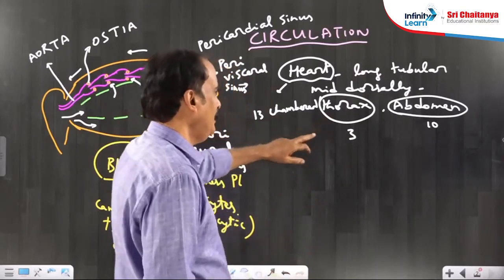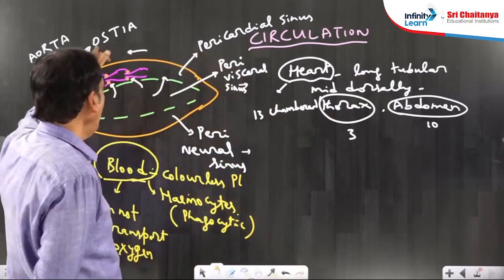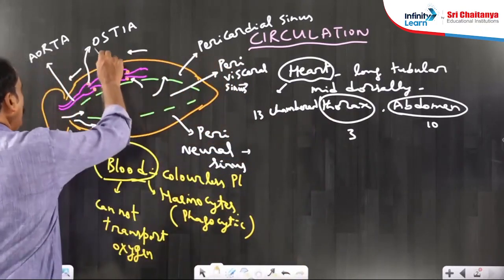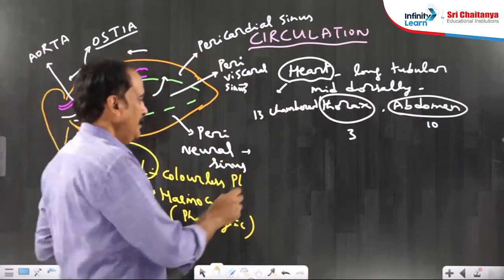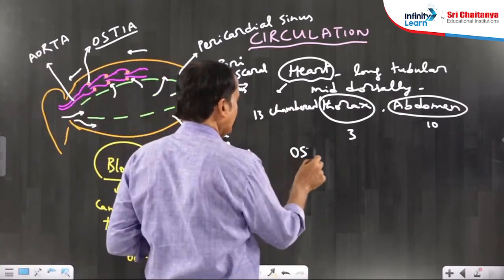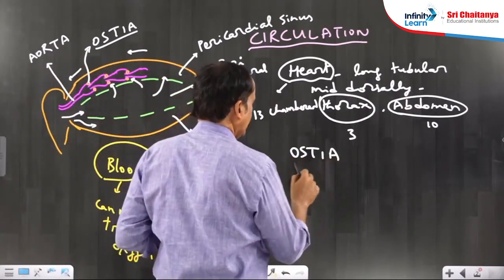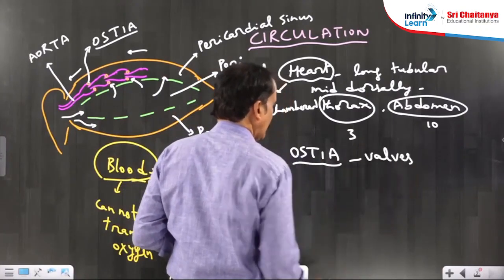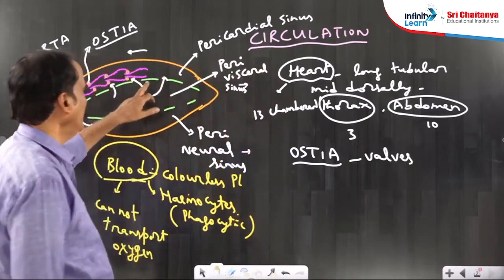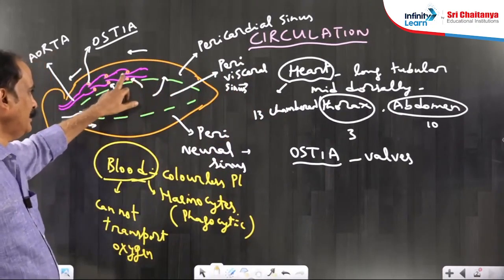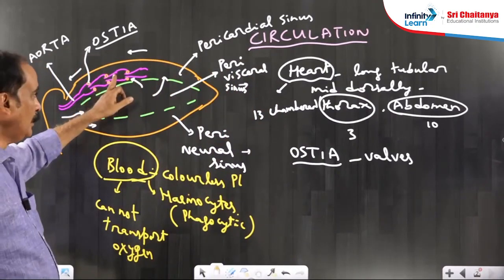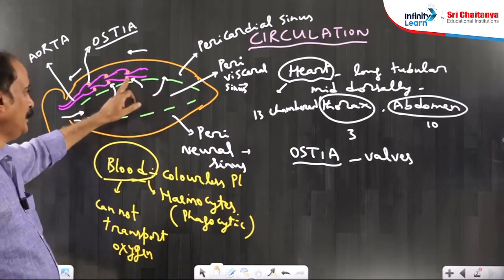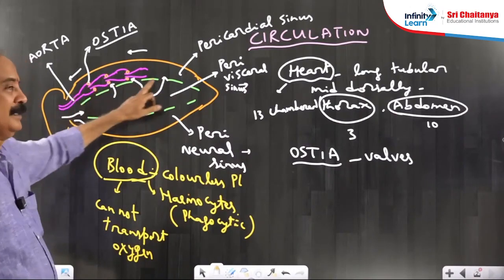And each heart chamber opens into the sinus with the help of a pair of apertures called ostia. You should remember, ostia will allow blood. Ostia are provided with valves, and they allow blood from the sinus called pericardial sinus into heart. Blood cannot come out of the heart into the pericardial sinus.